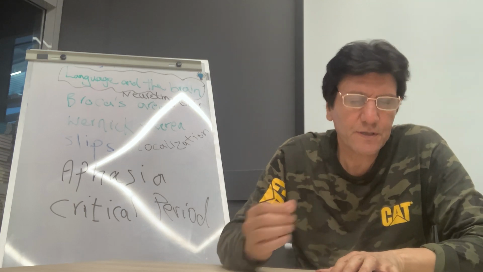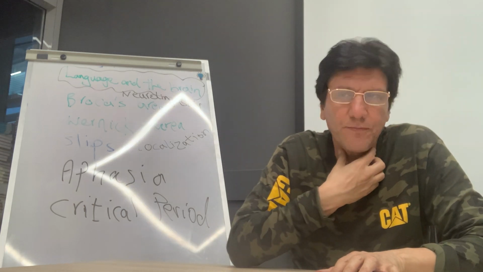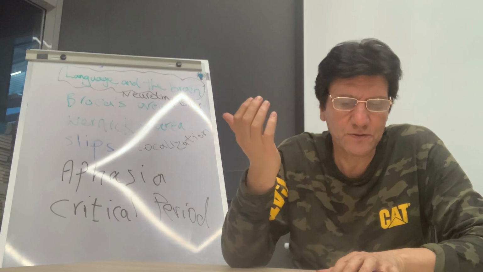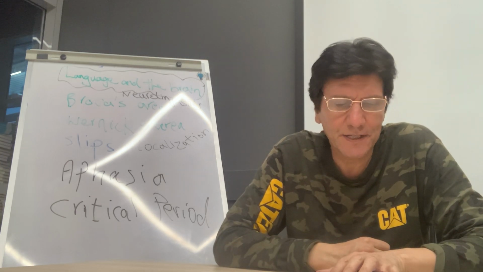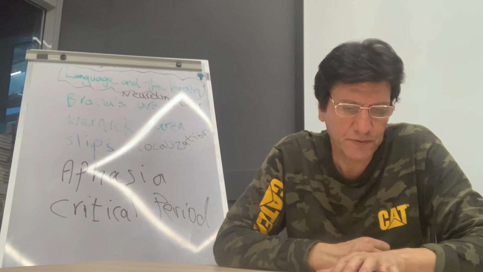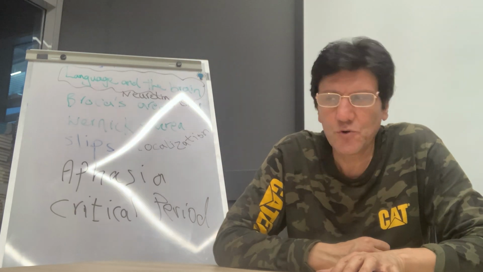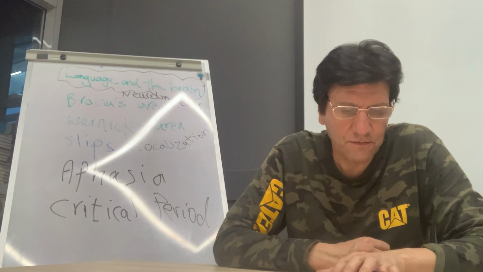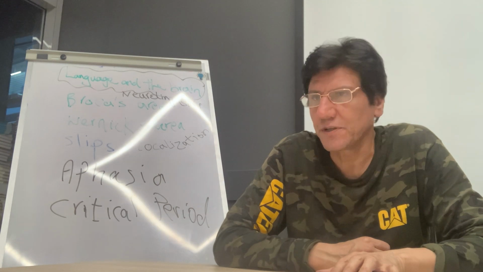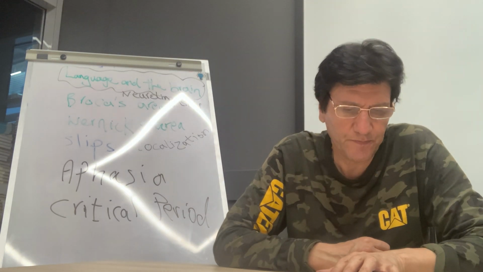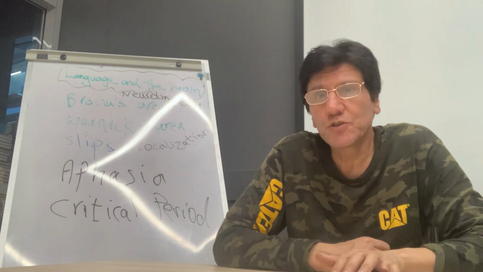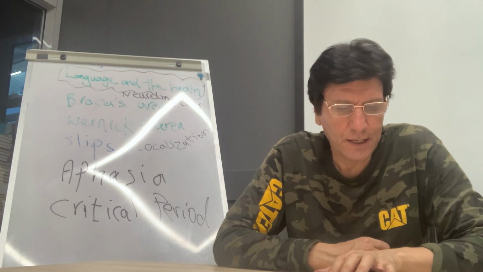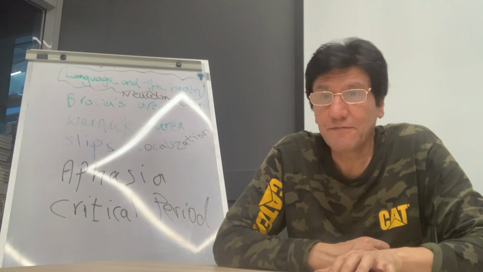So what is Broca's area? Broca's area is the frontal part of the brain that is called the anterior speech cortex, which is actually involved in the production of language. This finding was first used to argue that language ability must be located in the left hemisphere.